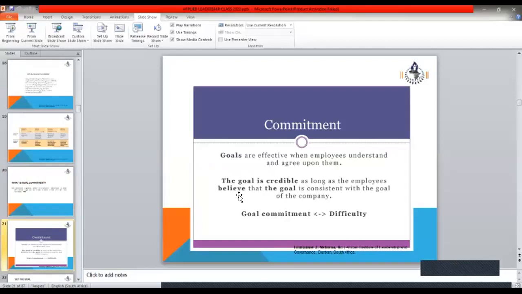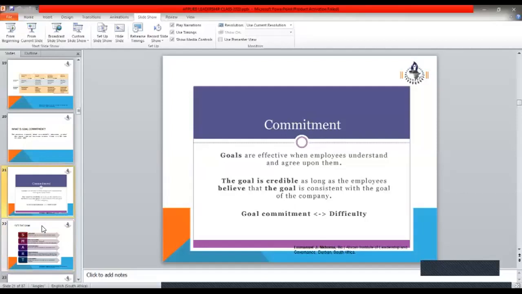The goal is credible as long as the employee believes that the goal is consistent with the goal of the company. Therefore, goal commitment is difficult for us to achieve once the company and the workers are not in one place.